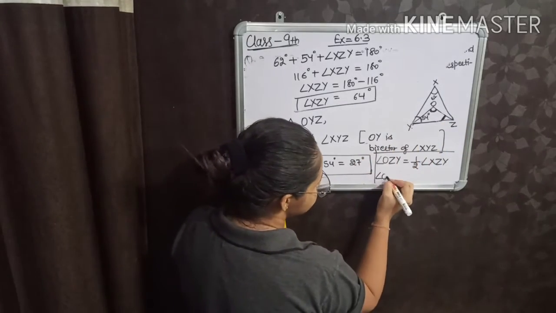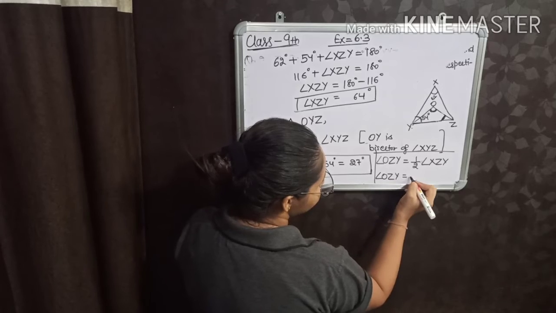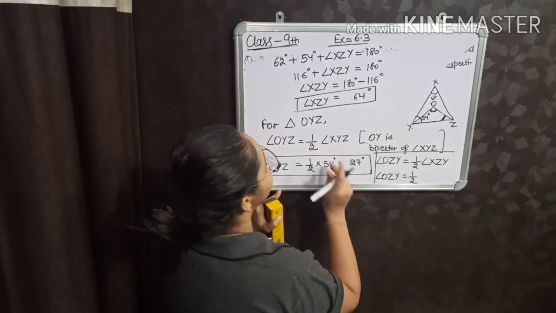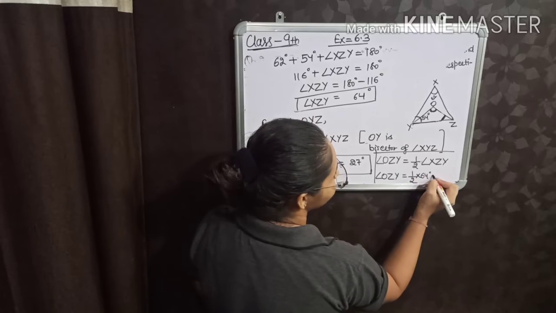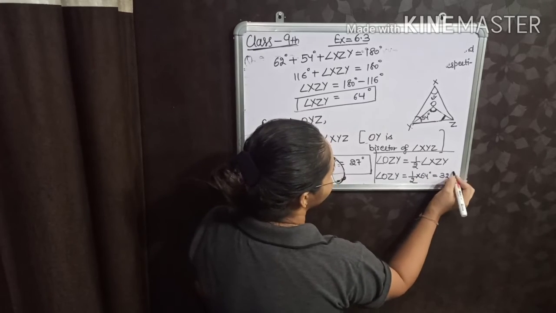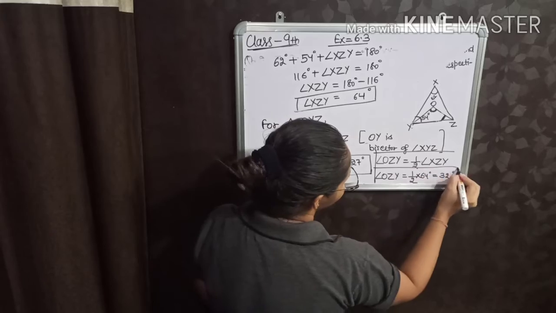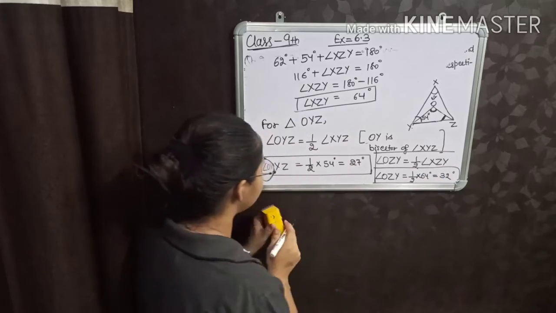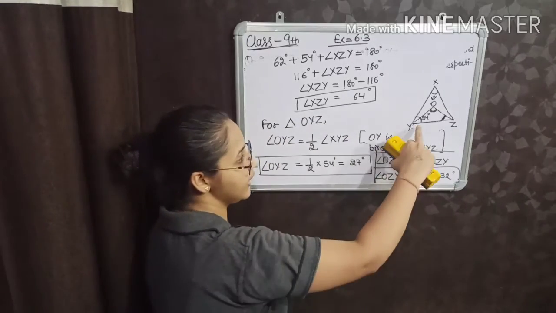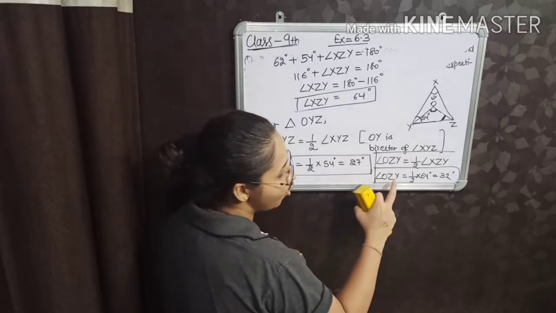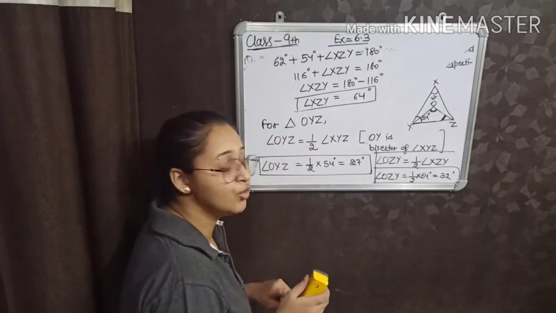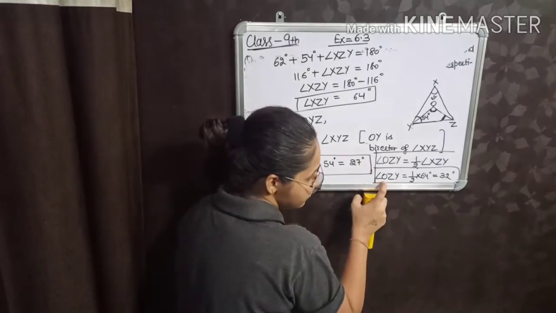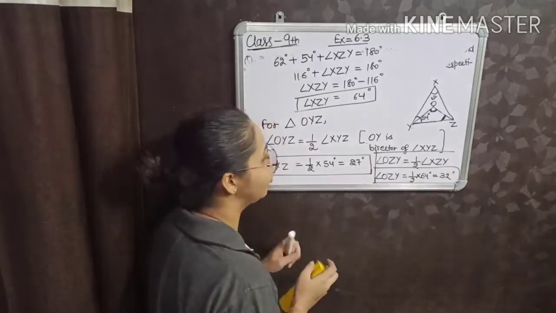Now OZY is equal to 1 by 2 and angle XZY, this is 64 degrees, and it will give you 32 degrees. Now you have two values. First is angle OYZ, the smaller angle, that is 27 degrees. OZY is 32 degrees, and the question was you have to find the value of angle OZY. So OZY is 32 degrees.